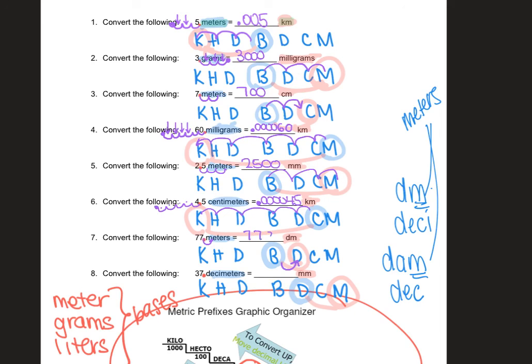So it's 770. And then here I'm going 2 to the right, which gives me 3,700. So with metric conversions, you keep the number and it's just a matter of moving the decimals, how many places and which way.